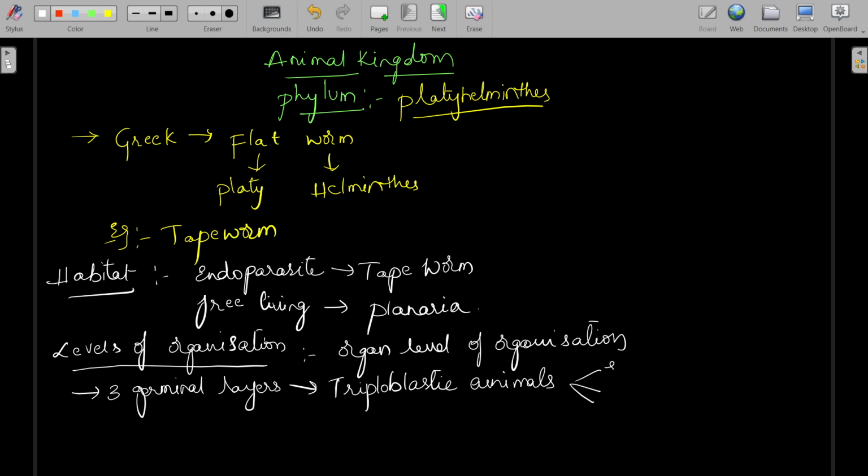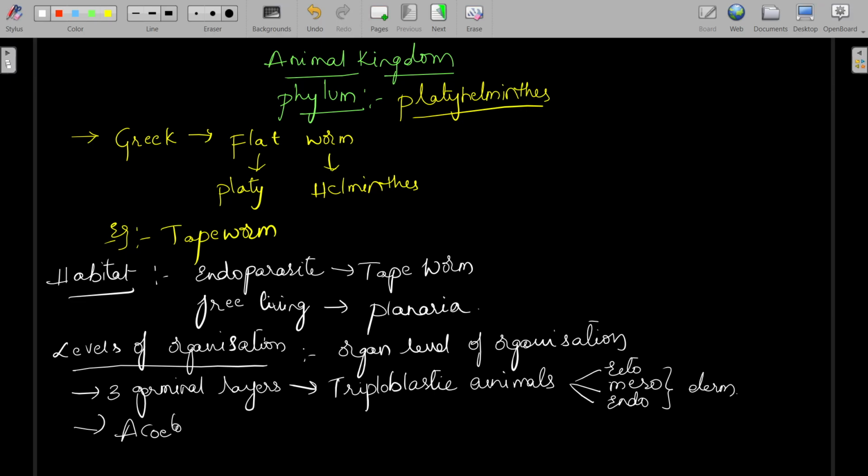They are ectoderm, mesoderm, and endoderm. And these are acoelomates.